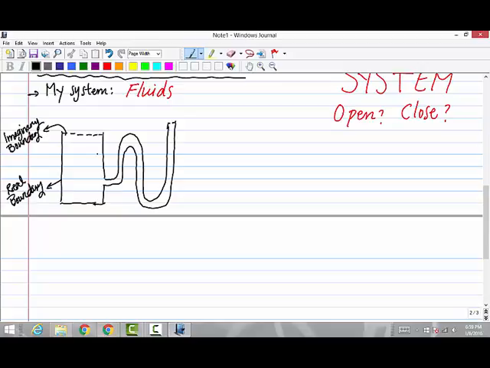So I have these interfaces, right? This is water, here is oil, and the rest is mercury.